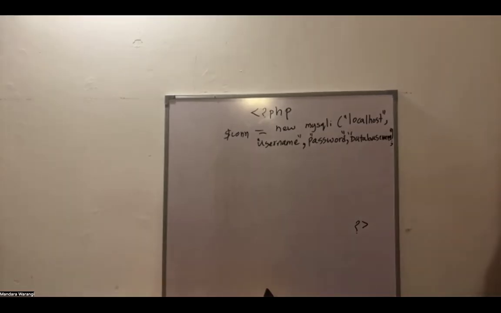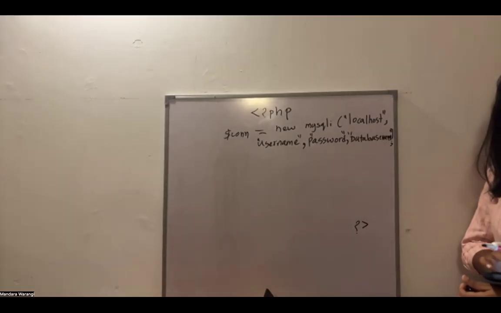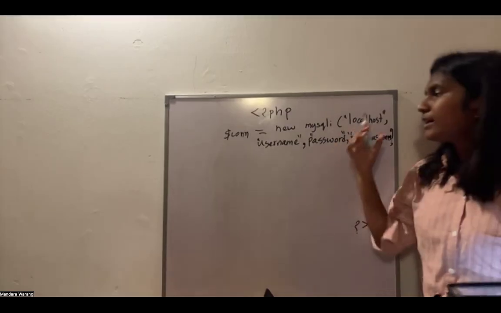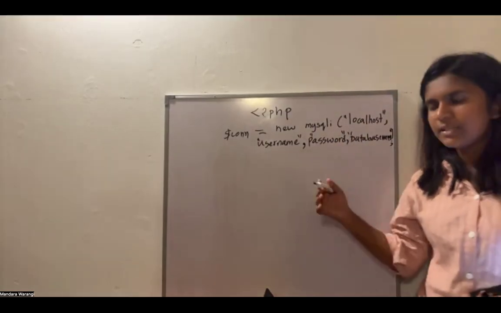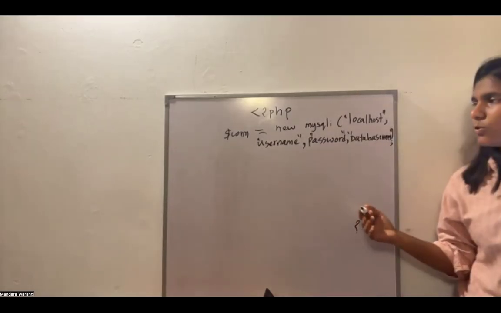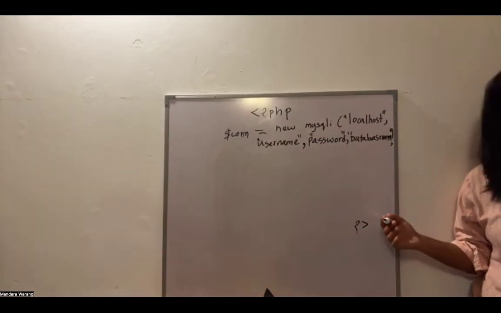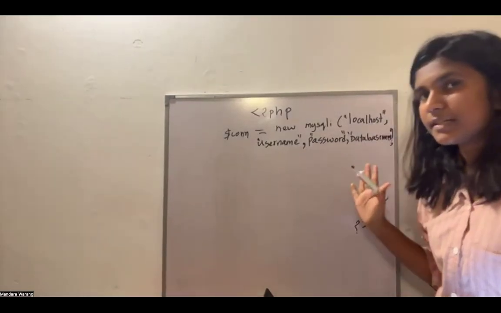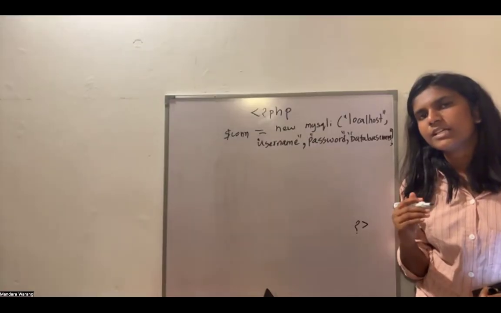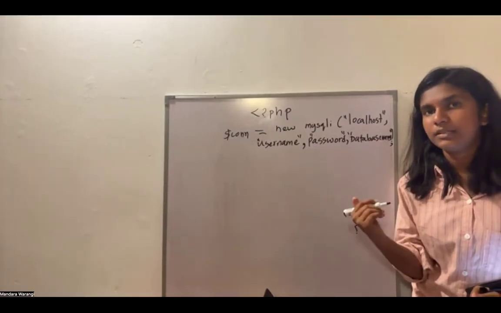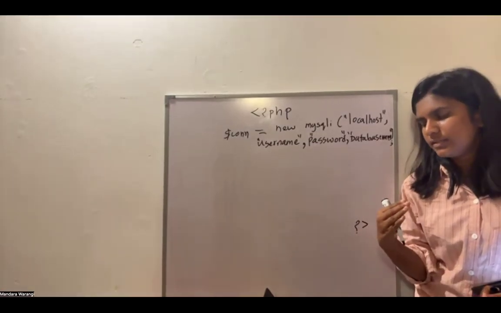Then what I need to do is check if the connection is correctly established. To see whether this connection is correctly established, I can write an if clause. If the connection is established, you can continue. If not, you can't continue.